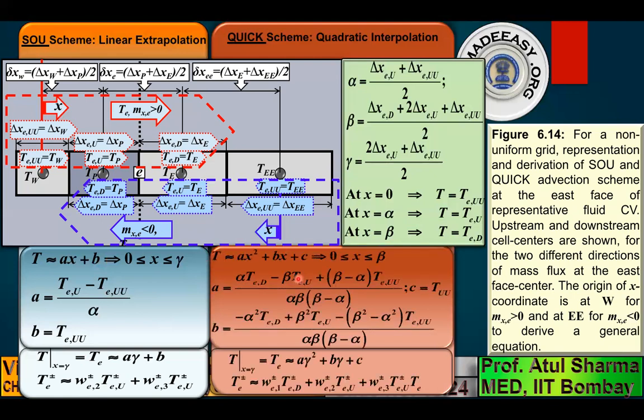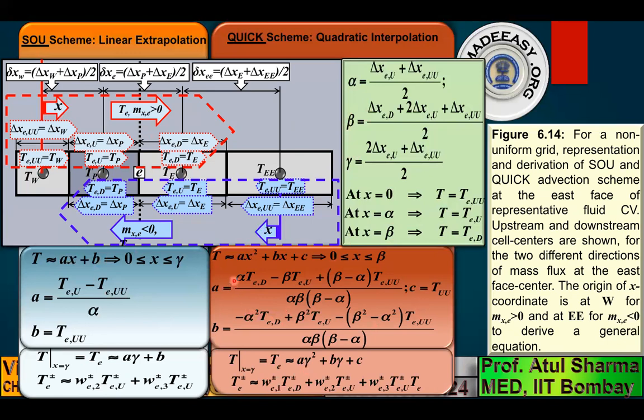This was shown for second order upwind scheme. For a QUICK scheme, we have a quadratic variation where x is varying from 0 to beta. As I mentioned, beta corresponds to the coordinate of the downstream neighbor. We use these three grid point locations, and we calculate this A, B, C as shown here.